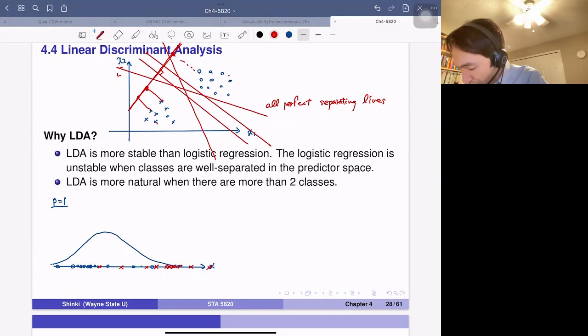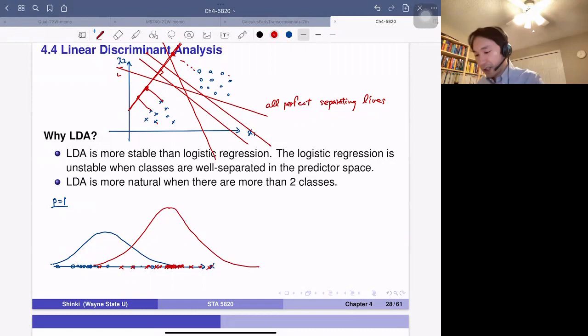Suppose we have more red points. Then the idea of linear discriminant analysis is to compare these probabilities.